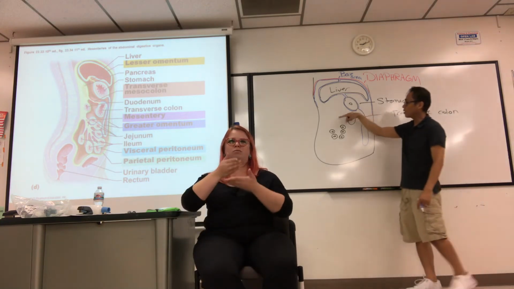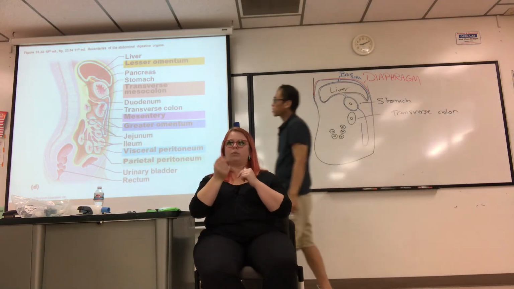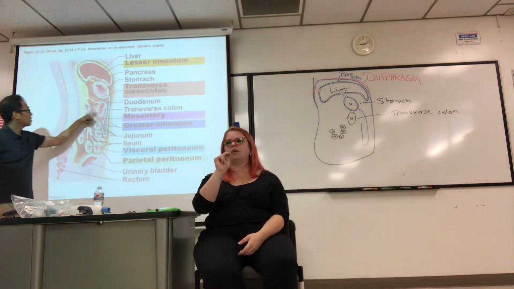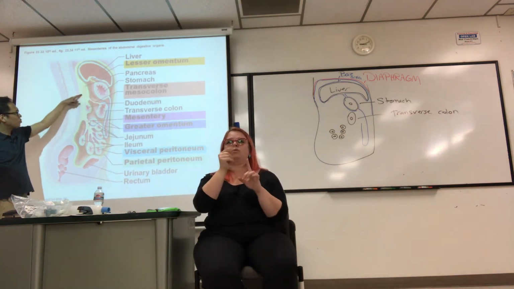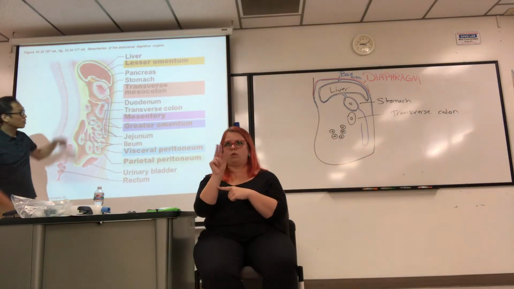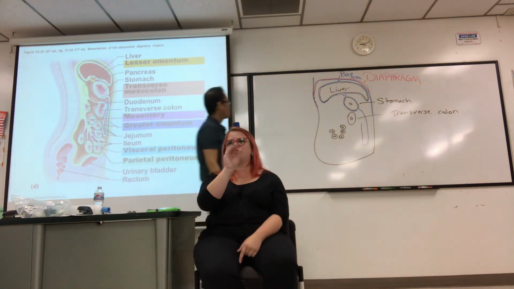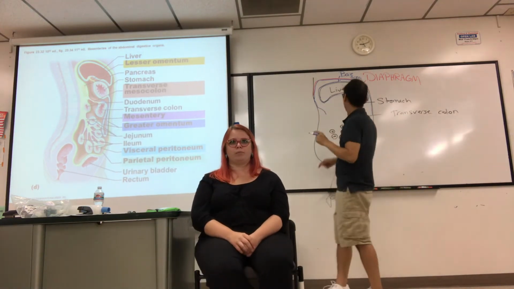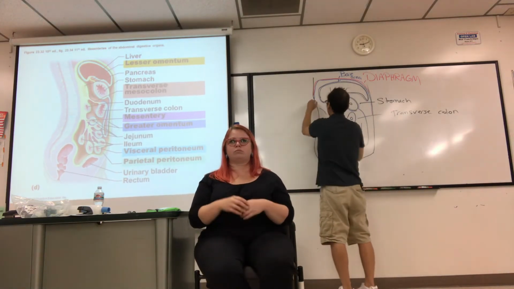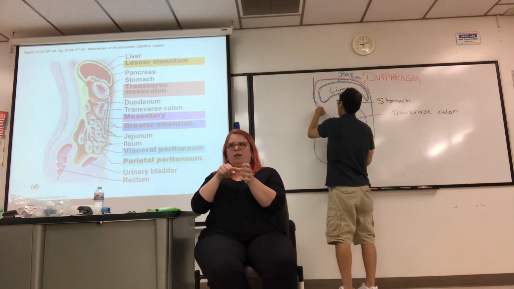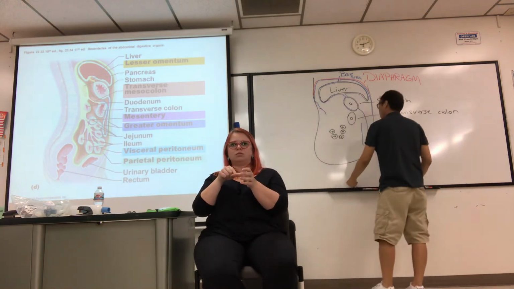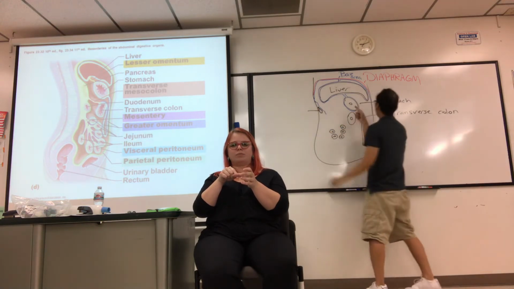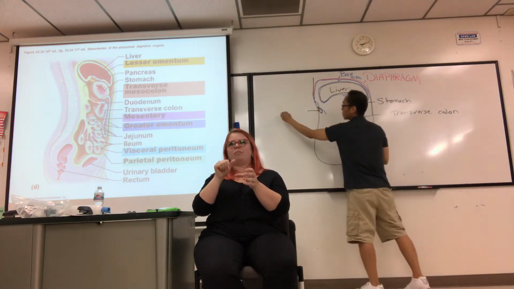I'm going to go back here, and I'm going to draw some structures. A mesentery that goes to the transverse colon. We have some retroperitoneal structures here. And there's some space there, because you got behind the stomach, you have the pancreas.